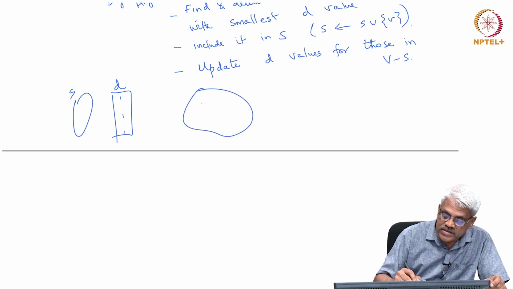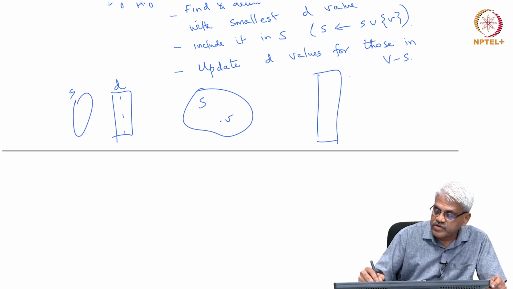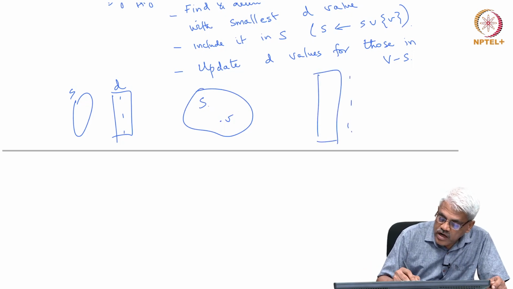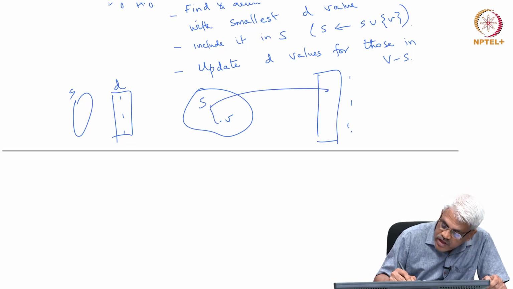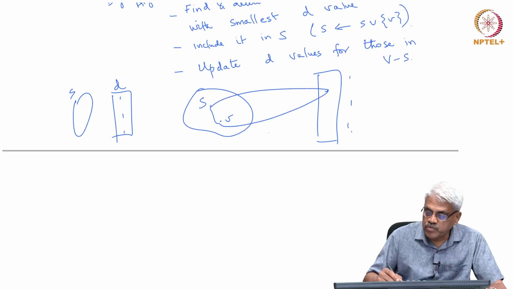Now my S got some other vertex V, so some D values may change, because earlier there was a shortest path from S to that vertex, but maybe through V the shortest path may be smaller.